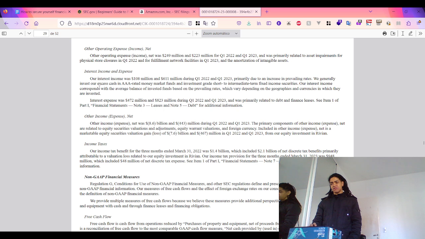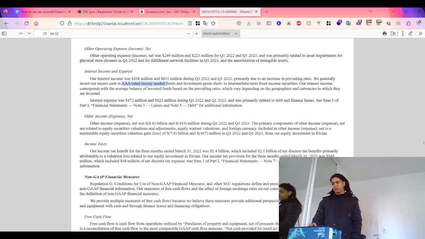We generally invest our excess cash in AAA rated money market funds and investment grade short to intermediate term fixed income securities.